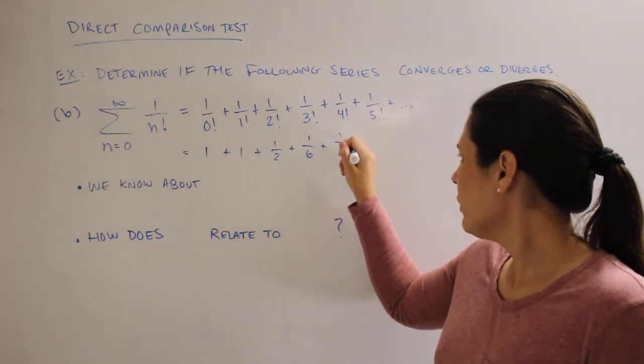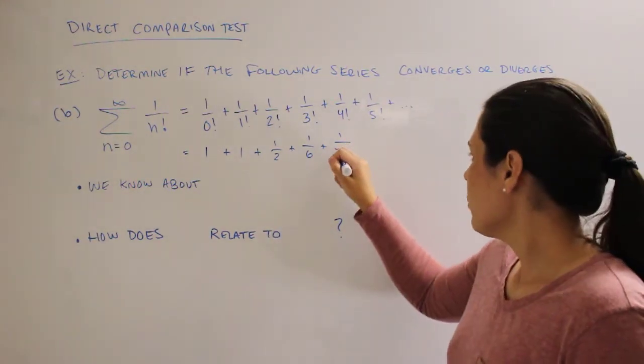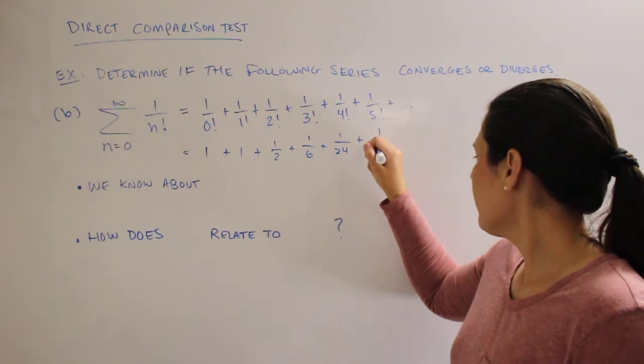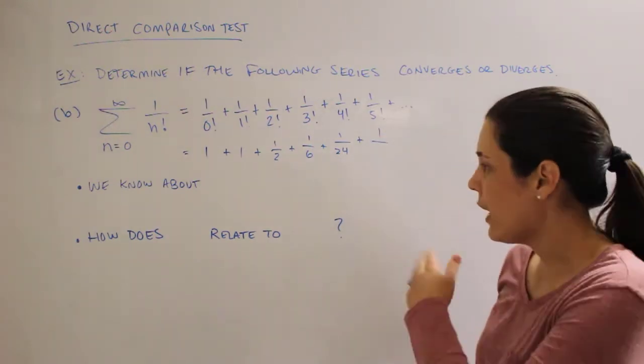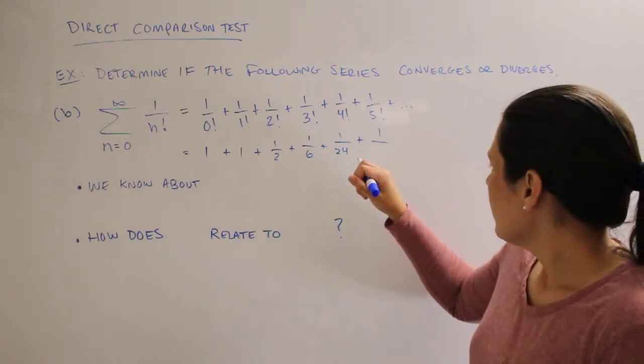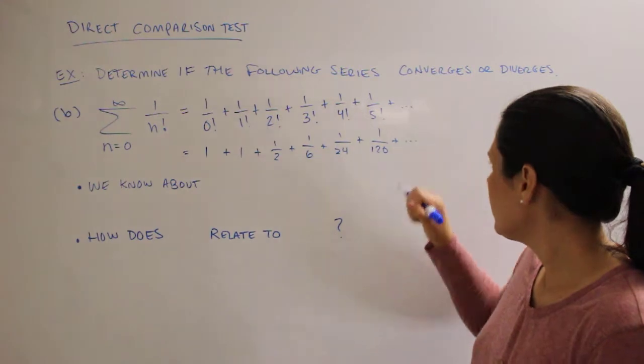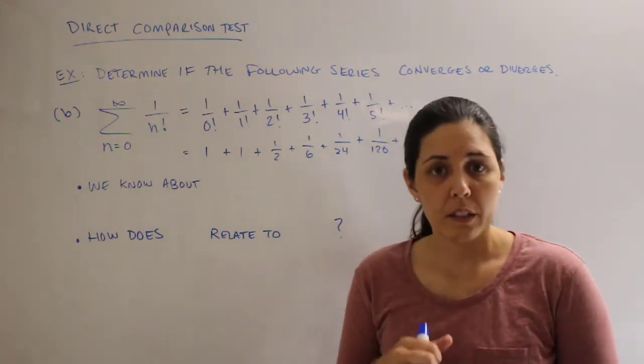Then 4 factorial, 4 times 3 times 2 times 1, is 1 over 24. 5 factorial, 5 times 4 times 3 times 2 times 1, is going to be 120. Hopefully that's enough to figure out some stuff about this series.